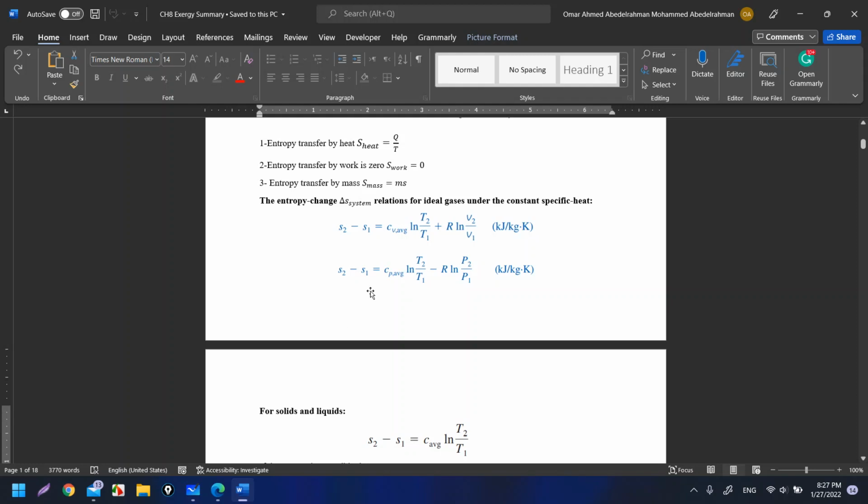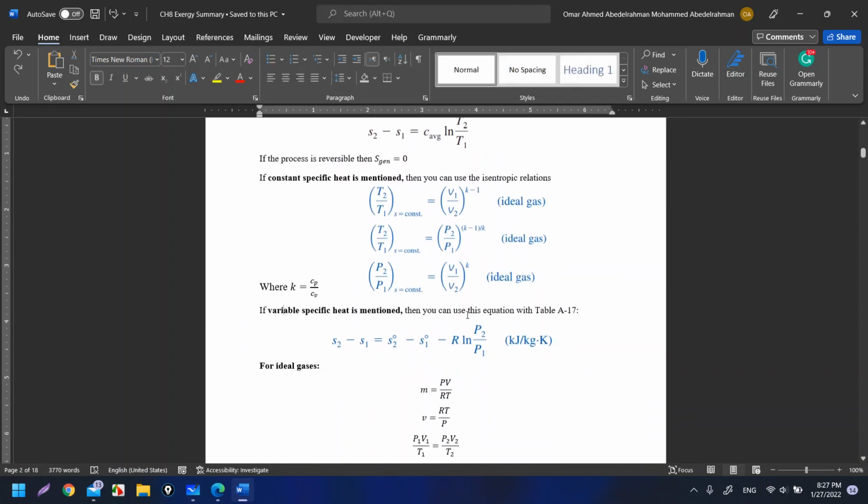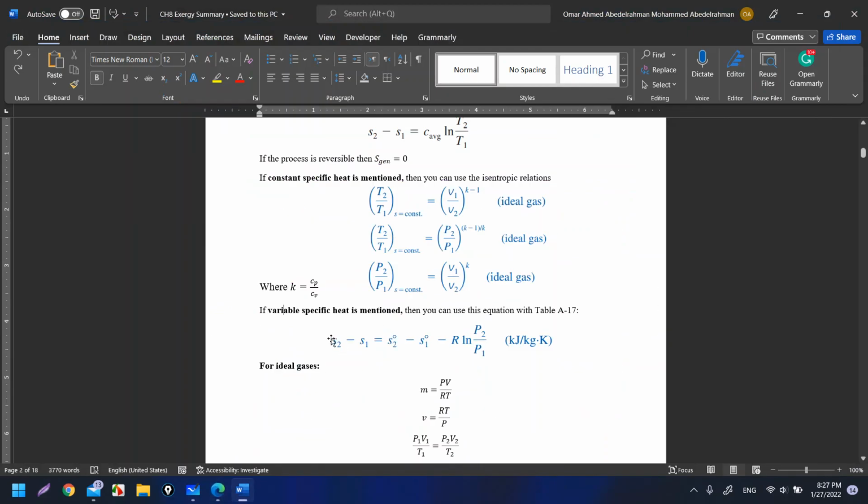And why did he make this assumption, why did he choose the constant specific heat? He didn't say it is variable specific heat, if you saw the solution manual, because we don't have a table A17 for variable specific heat for helium.